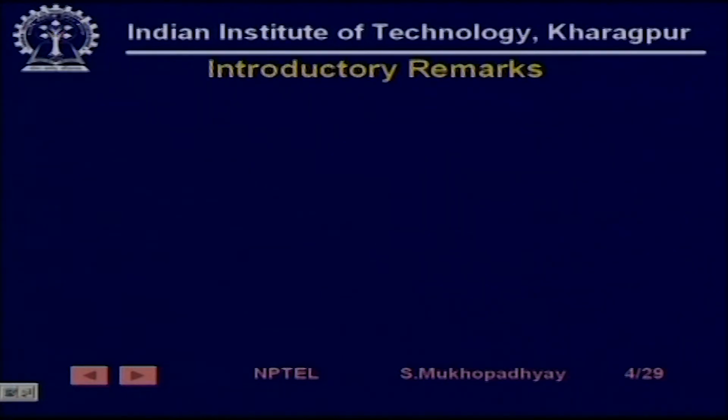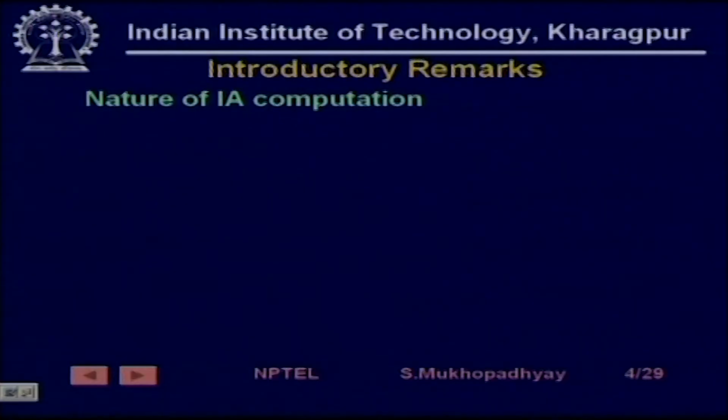So, let us start with the industrial automation tasks and their distinguishing features. So, we are going to look at the nature of industrial automation, what I call IA computation, that is computation related to industrial automation. These kind of computations, remember, are always working on physical signals, right.